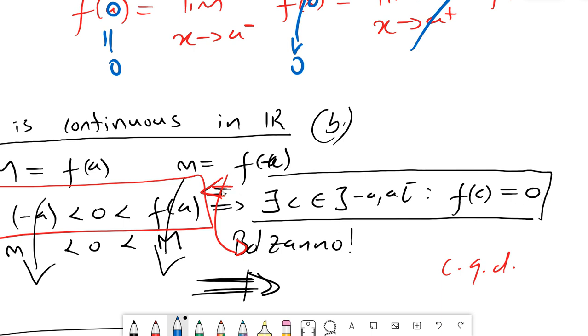So if this exists, that's the case because we proved in the previous question that f is continuous in R, and that f of 0 is 0. So for sure, the implication in this direction is that there will be a positive image and a negative image.